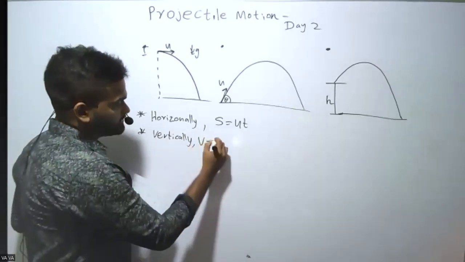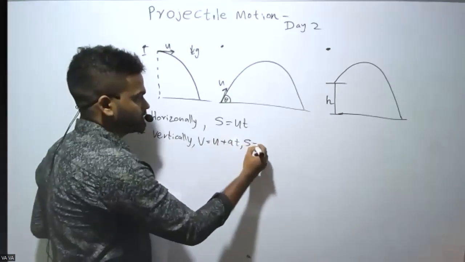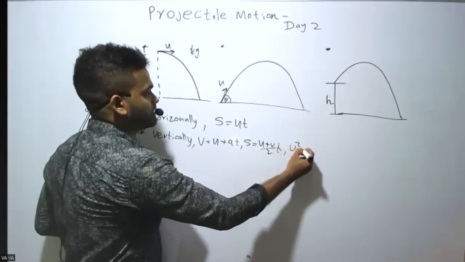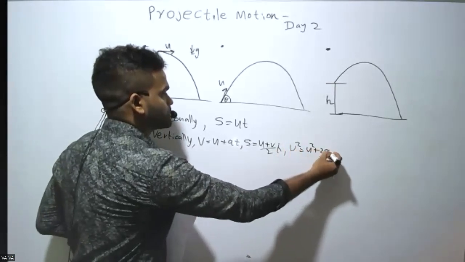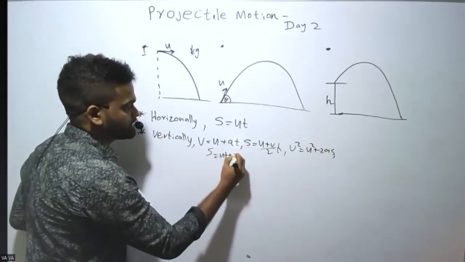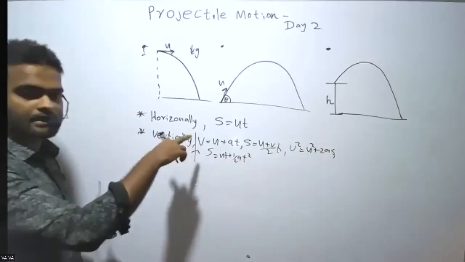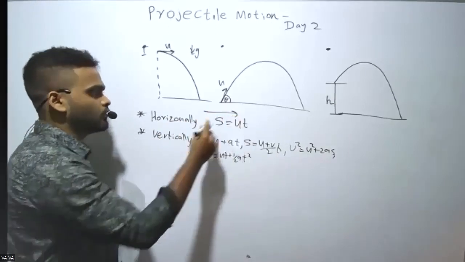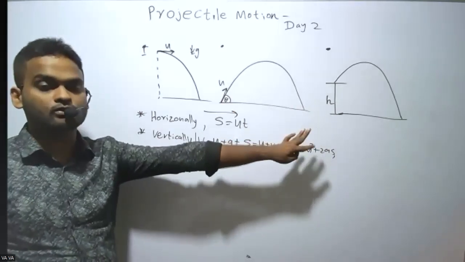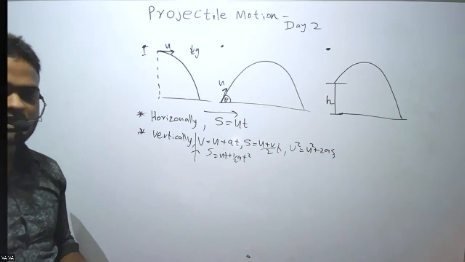So the equations are, take notes, right? v squared equals u squared plus 2as. The other one, s equals ut plus half at squared. So you apply all these equations vertically. Horizontally, you have to apply s equals ut. That's all you have to do. Take it down.